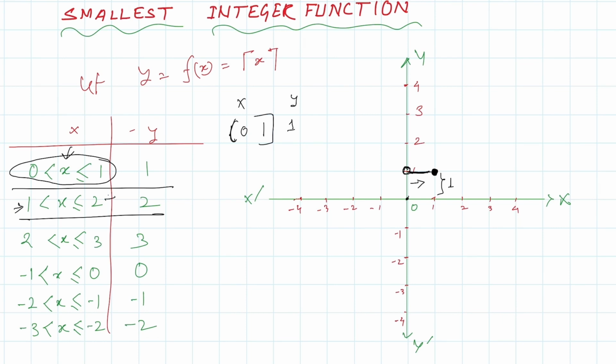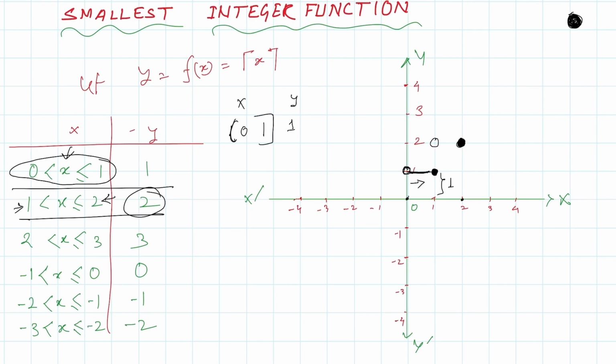Here 1 is not included, 2 is included, and the value of y is 2. So here is the value of y, 2. Here the point 2 is included, that's why we have to make a dot. That means if you draw a circle and make it dark like this, then that point is included.